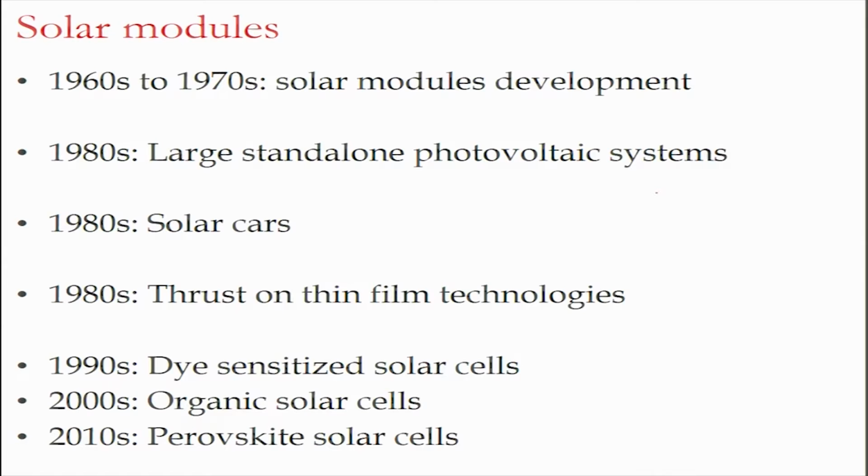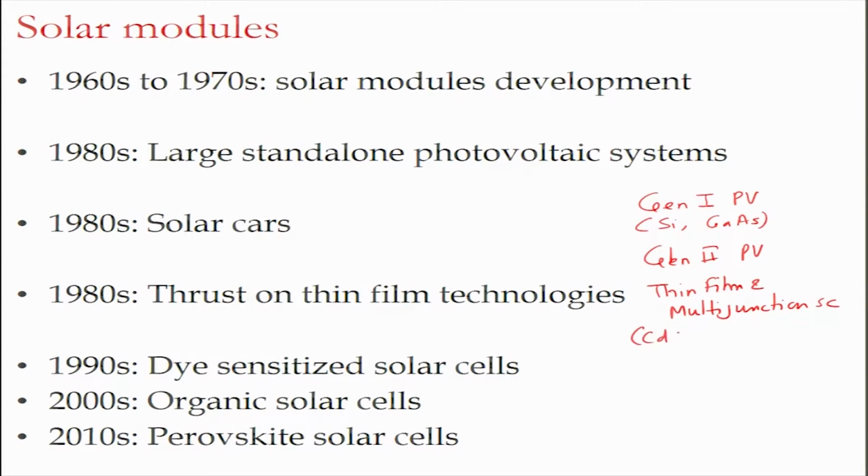First is the Gen 1 PV. Gen 1 PV is primarily based on silicon and gallium arsenide, which started in the 1950s or 60s. Then we have Gen 2 PV. This is basically thin film and multi-junction solar cells, and this is primarily based on cadmium telluride, copper indium gallium selenide, CIGS as we call it, amorphous silicon, and so on and so forth.